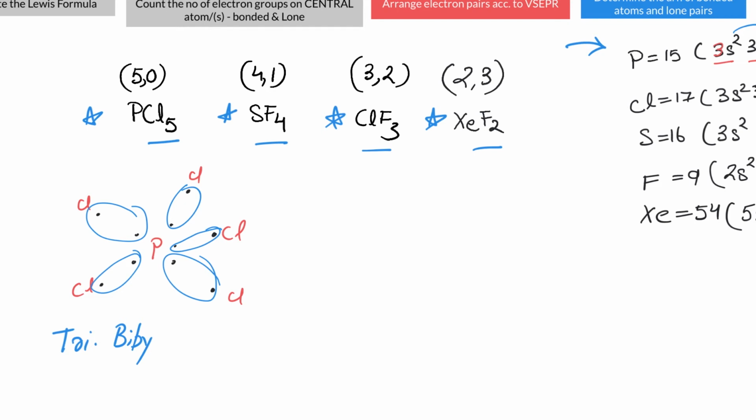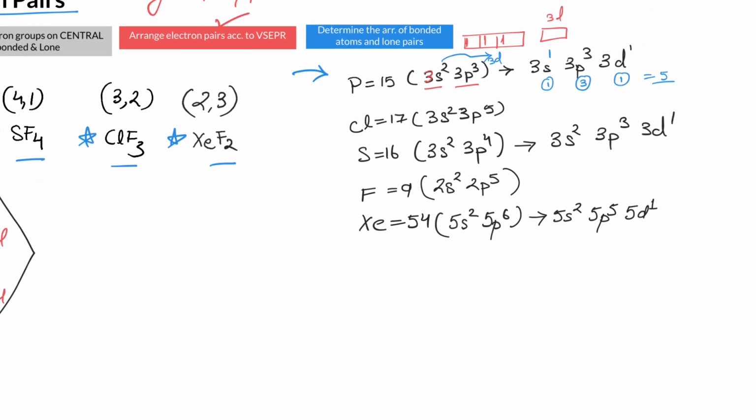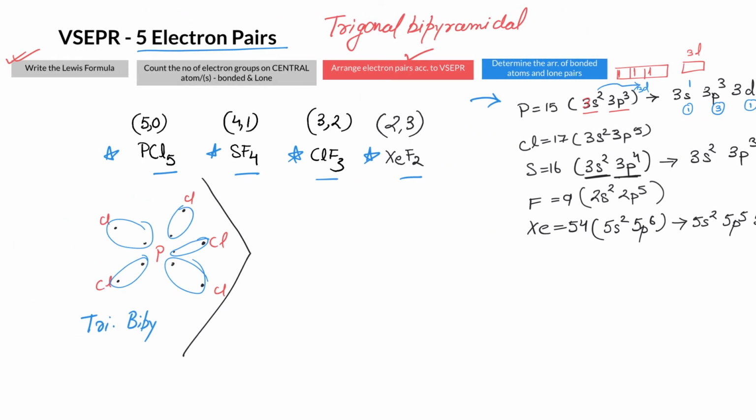Again, guys, it's very important, or I would say it's good practice, to always do the electronic configuration, because it strengthens your understanding. So S is again 16, right? So 2, 8, 6. That means the third shell is 3s2 and 3p4. Again, there are just 2 unpaired that it can take, but you can see the formula F4.